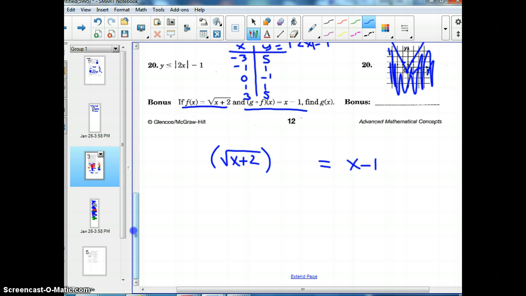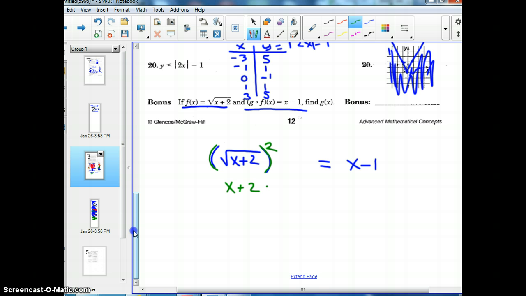Well, the only way to get an x when I have a square root is just to get rid of the square root. So that's going to happen by squaring. So the squaring part is part of the g, and that's going to give me x plus 2. And then what do I do to x plus 2 to get x minus 1?